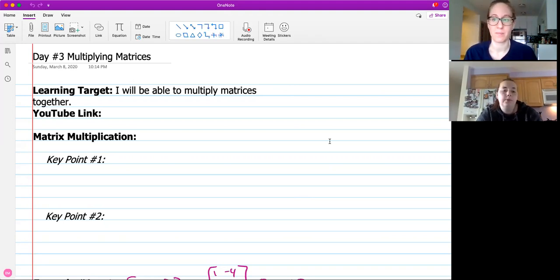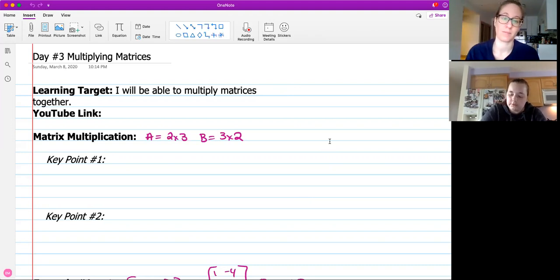Okay, so when we're multiplying 2 matrices together, the first thing we need to talk about is how to find the product AB. So if we have 2 matrices A and B, let's say that A's order is a 2 by 3 matrix, and B's order is a 3 by 2 matrix.